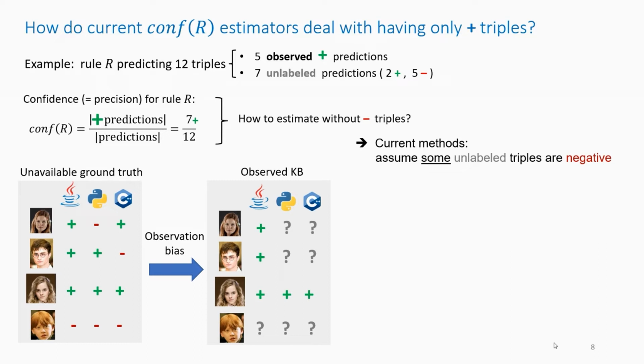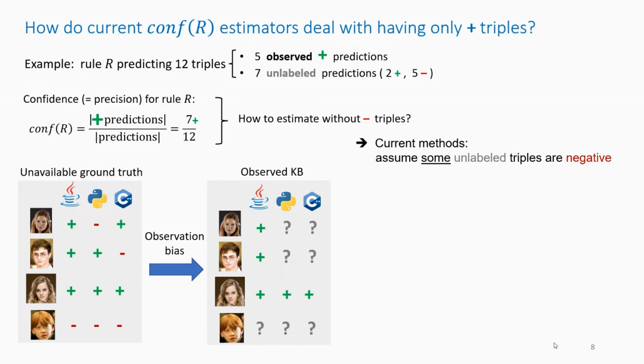We only have our observed knowledge base available, which is the ground truth to which the observation bias has been applied. And in our observed knowledge base, we only have 5 positive predictions observed and 7 unlabeled predictions. So for this example, the true confidence of this rule would be 7 positive predictions out of 12.